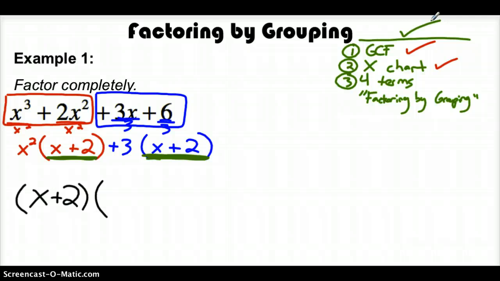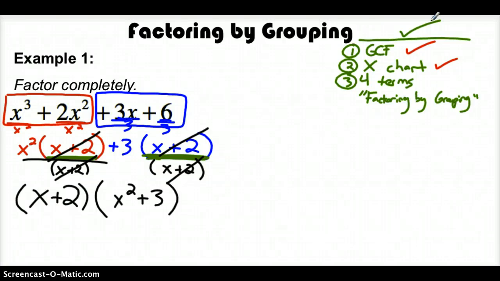If I divide this part by x plus 2 and this part by x plus 2, the x plus 2 will cancel, and I'm just left with x squared plus 3.